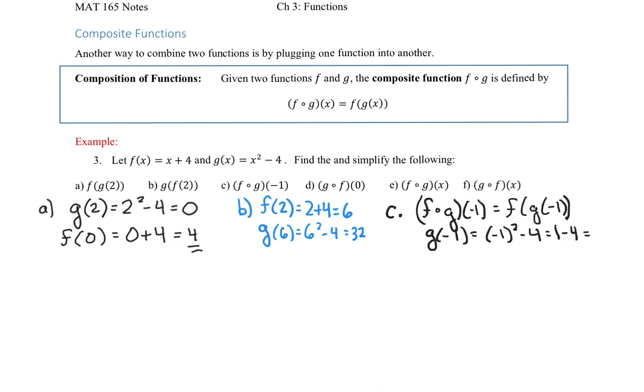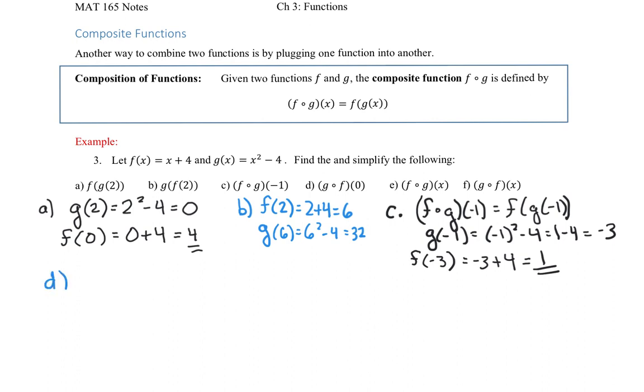And g of negative 1 will be negative 3. So now we're going to plug negative 3 into f, and we'll get 1 as our answer. So f of g of negative 1 equals 1.